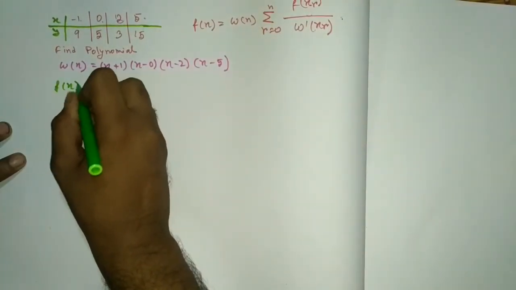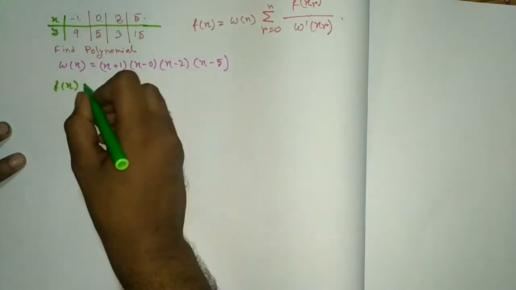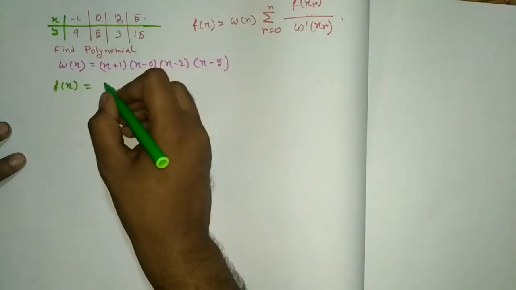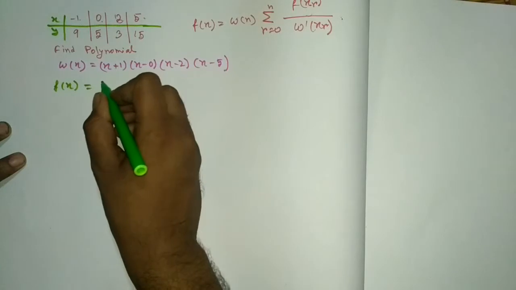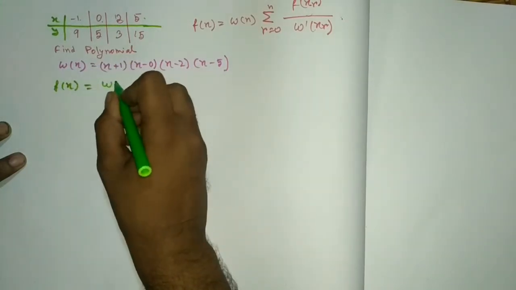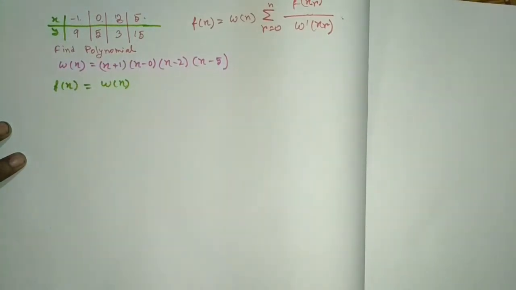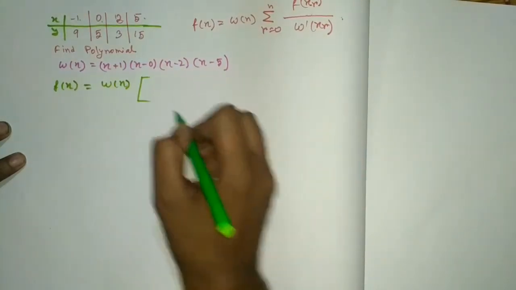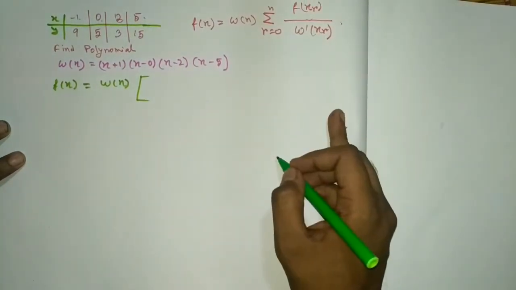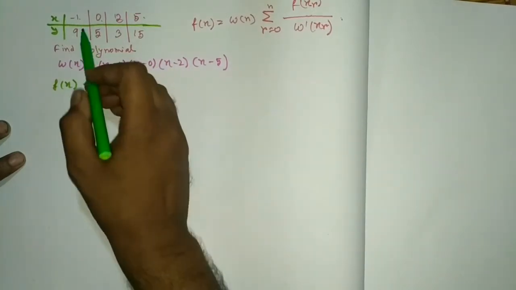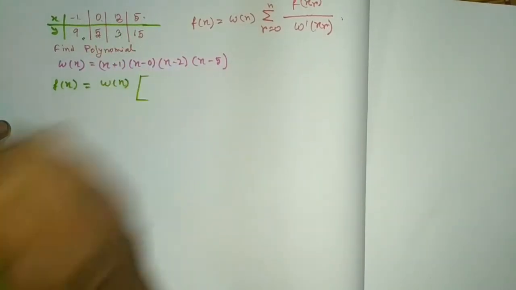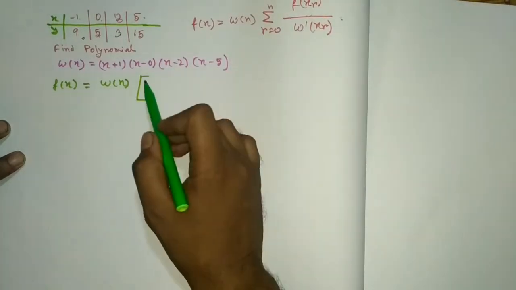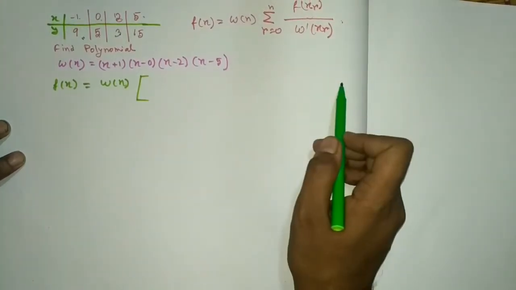Now we are going to find f(x). f(x) will be this w(x) into the sum of terms. Okay, there will be 4 parts in this bracket in the summation.